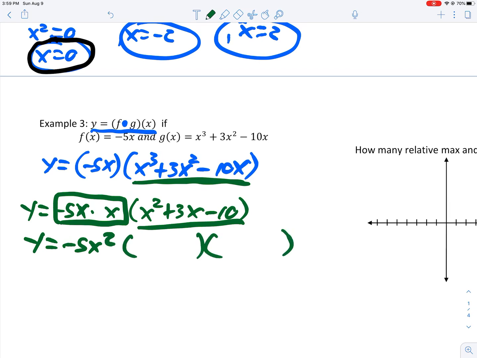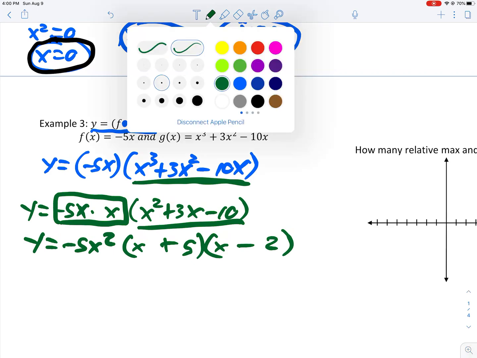Remember, trinomials factor into 2 binomials if you can factor them. So x and x. What are the multiples of 10 that'll add to give you 3? Or you can subtract to get 3, however you want to look at it. So that would be 5 and 2. Plus 5 minus 2 because it's a positive 3.